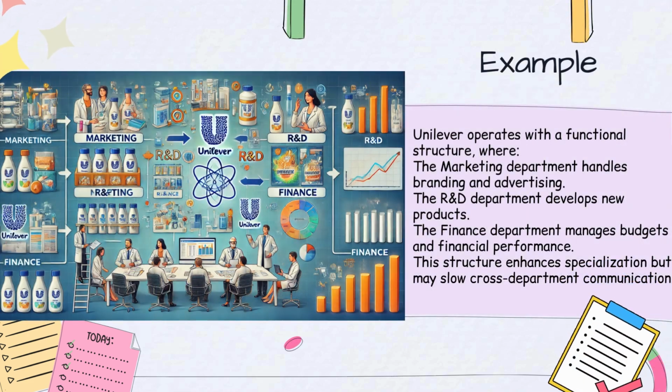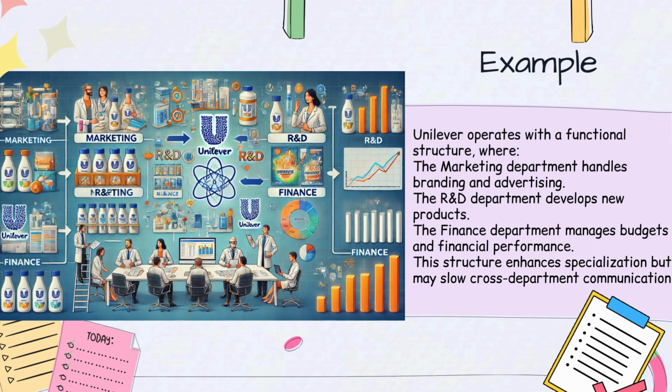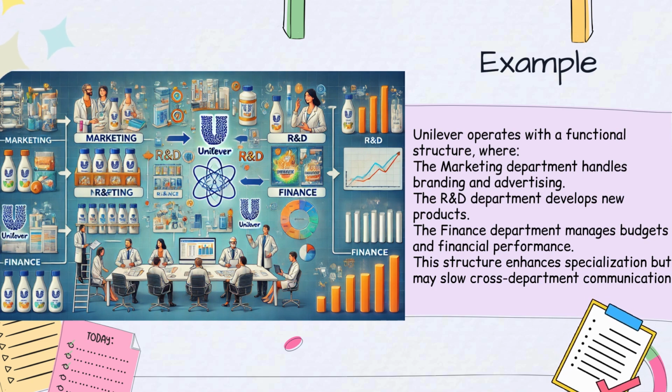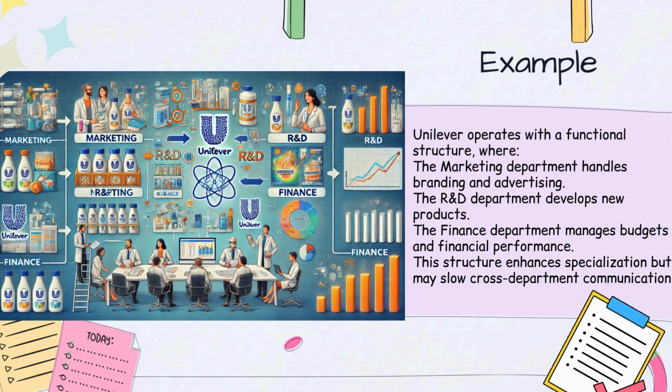For example, Unilever operates with a functional structure where the marketing department handles branding and advertising, the R&D department develops new products, and the finance department manages budgets and financial performance. This structure enhances specialization but may slow cross-department communication.